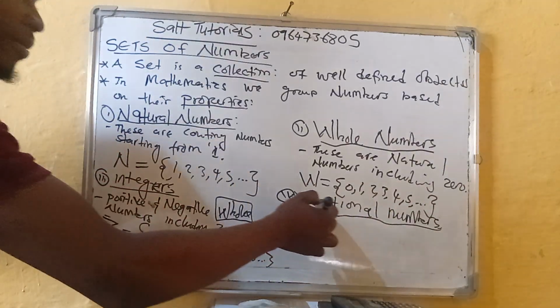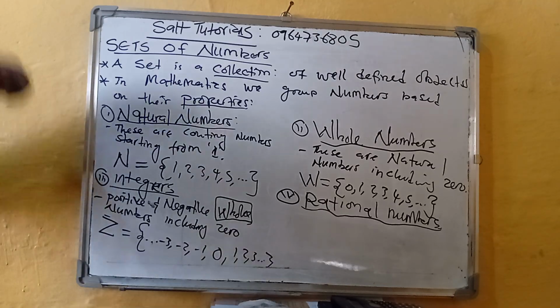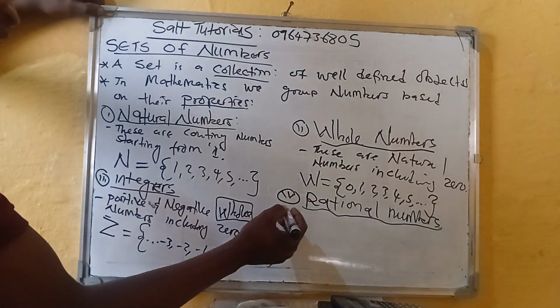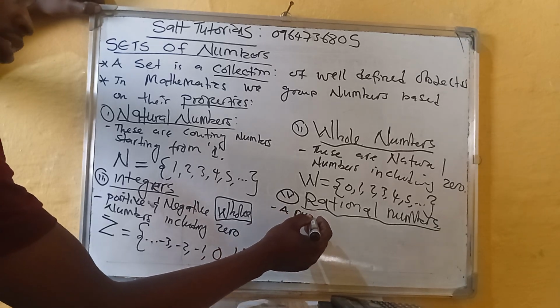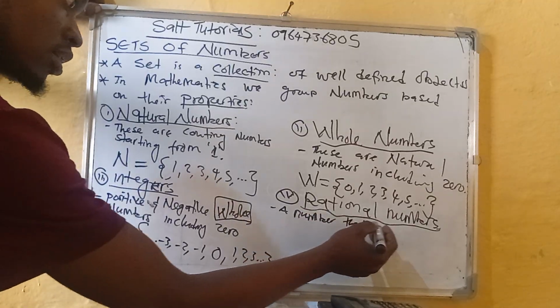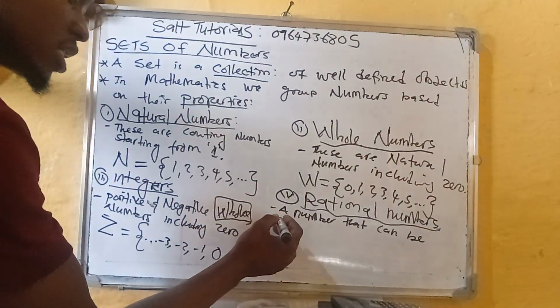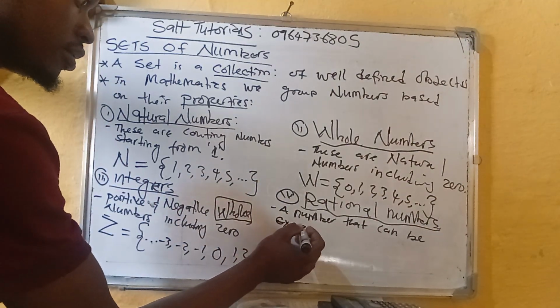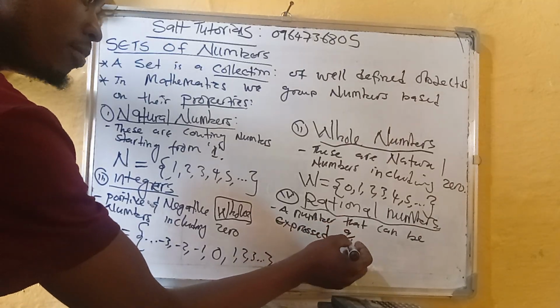So under rational numbers, we are looking at fraction numbers coming about here. The same decimal numbers as well coming about. So that is why we're trying to define this as a number or a value that can be expressed in the form a over b.